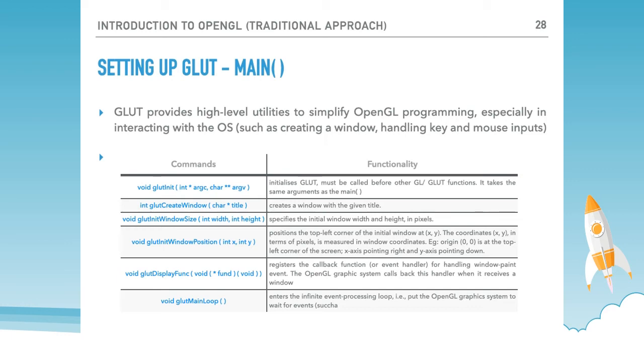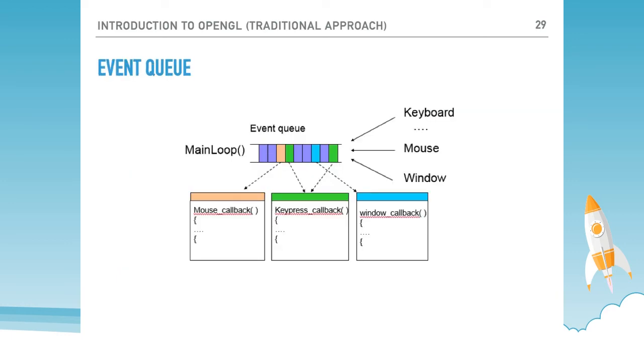As you can see from this table, these are some examples of the commands that you can use from the GLUT library. An event queue is a repository where events from an application are held prior to being processed by a receiving program or system. Now, the glutMainLoop function puts a program in an infinite event loop.